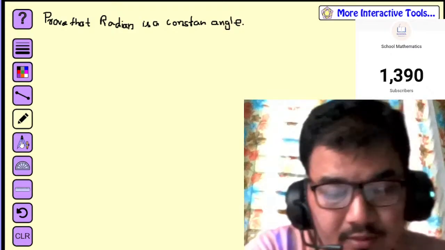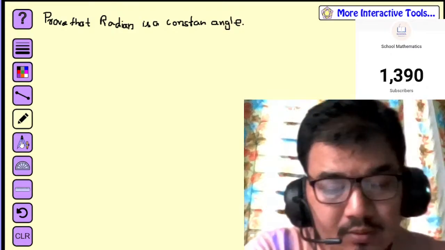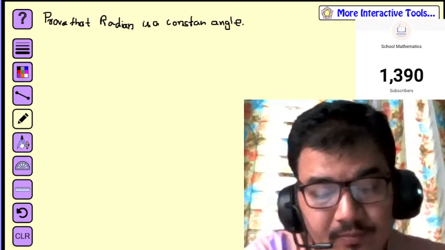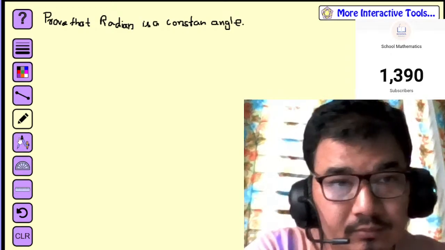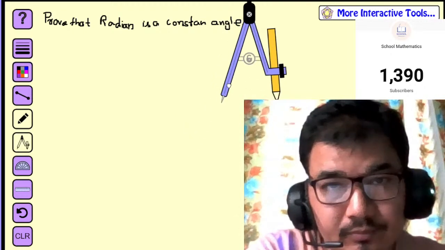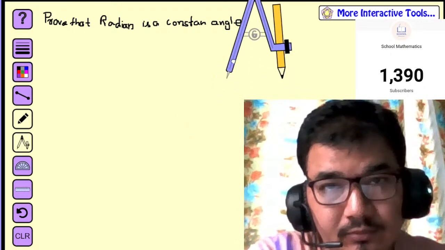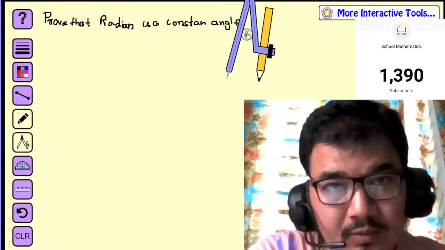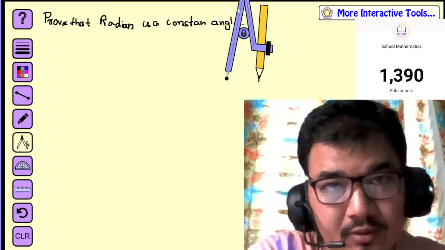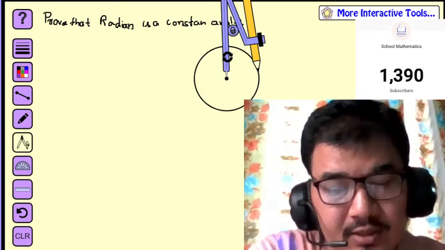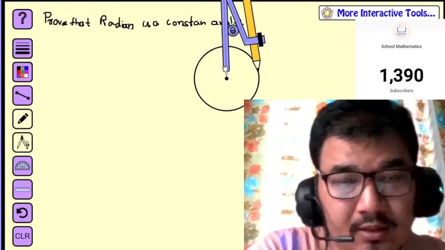And for this we have to draw the figure here. Look, I want to show you the figure. The figure is like this, the circle. This is a circle.